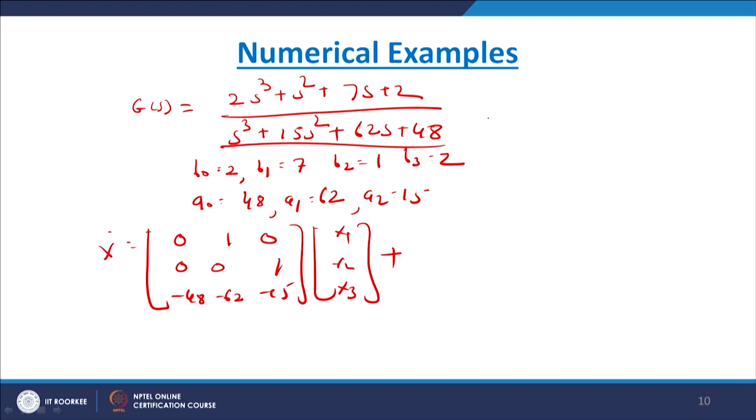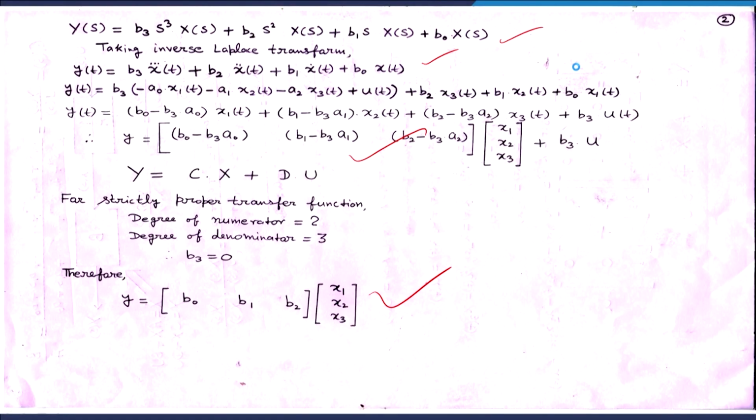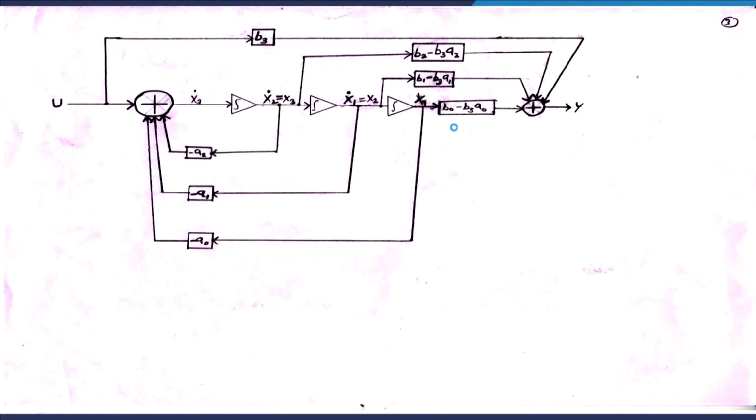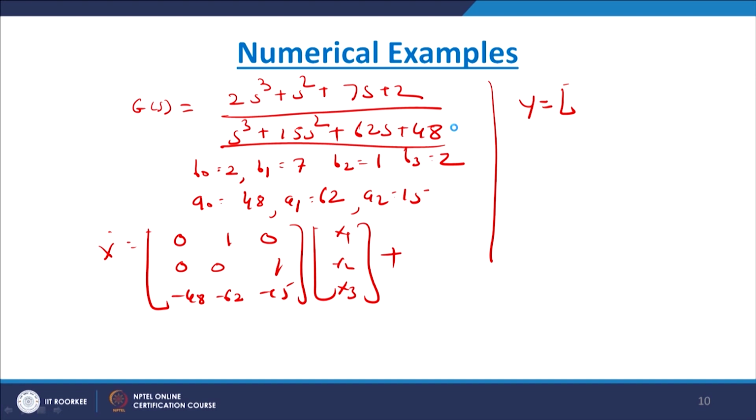Now first of all we will take care of the y only. What is y? We write down the formula for y: b0 minus b3 into a0, b1 minus b3 into a1, b2 minus b3 into a2. So y equals 2 minus 2 into 48, second element 7 minus 2 into 62, and third element 1 minus 2 into 15.